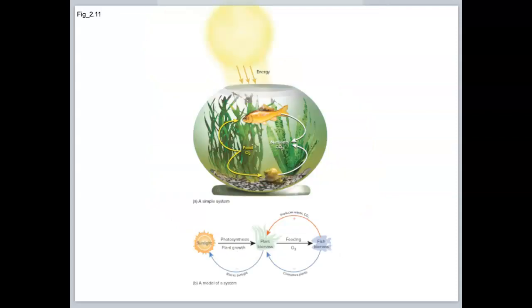Here's an example in which we have the sunlight coming in to a semi-closed system, but the sunlight is going to ultimately cause the aquatic plants to photosynthesize. The fish is going to be able to use those nutrients. The plants have also produced not only food but oxygen that the fish is going to use. The fish converts that into waste products and carbon dioxide.